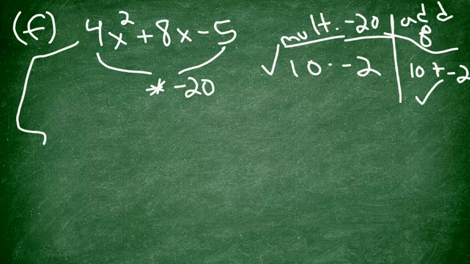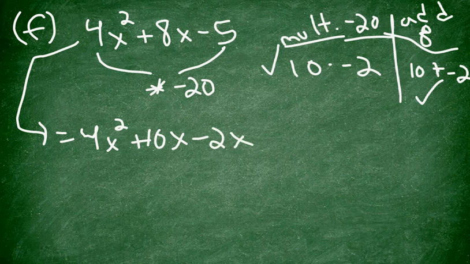So now on the next line, I'm going to copy the first term. I'm going to split up the 8x in the middle there into 10x minus 2x, those factors I just found, and then I copy the negative 5 there. So look how this is exactly the same as the problem I started with. It's just that 10x and negative 2x have split up the 8x there, right?